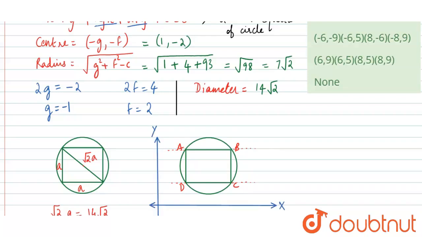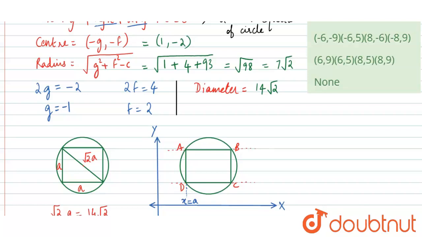So now we see the coordinate axis here, x and y, and the sides of the square are parallel to the axis. So here we see side AD, the equation of this line will be x is equal to a constant. So let's say that x is equal to a.